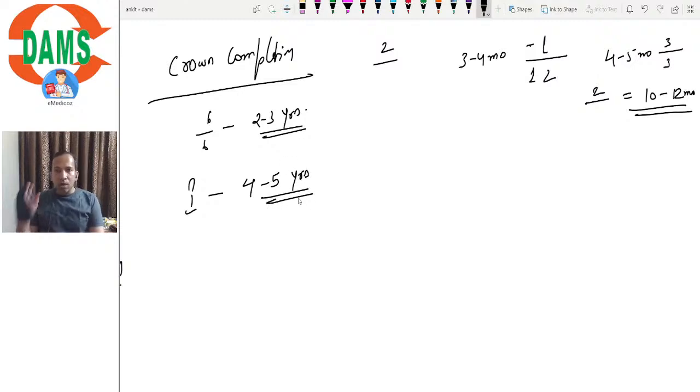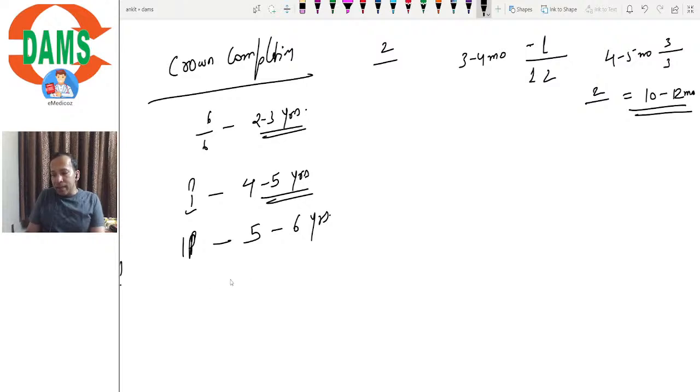Now what will happen next? After incisors, which teeth will complete? Will it be the canines or the premolars? And if it is the premolars, which one, first or second or both? After incisors, the first premolars complete at around 5 to 6 years.